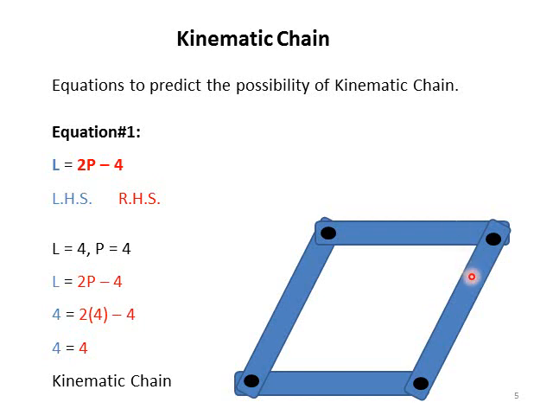Link 2 and 3 is the second pair, joined by a pin joint. Link 3 and 4 is another pair, joined by this pin, and the last one, link 4, is joined to link 1 by this joint. So there are 4 pairs.